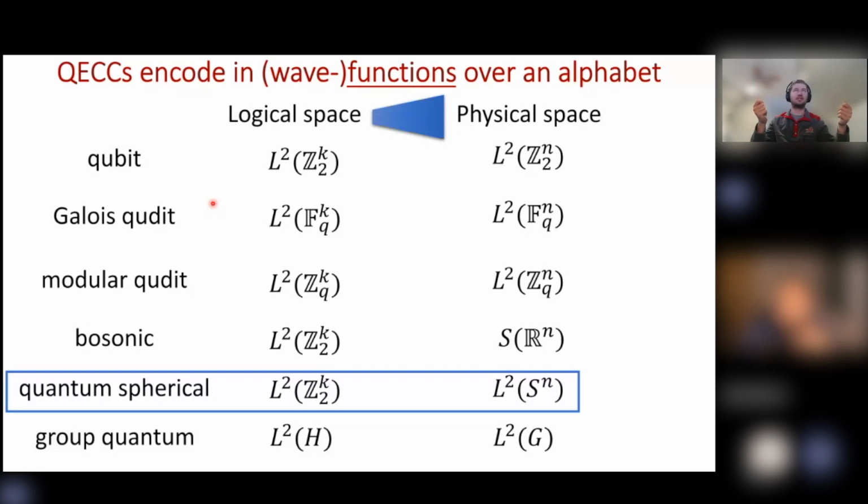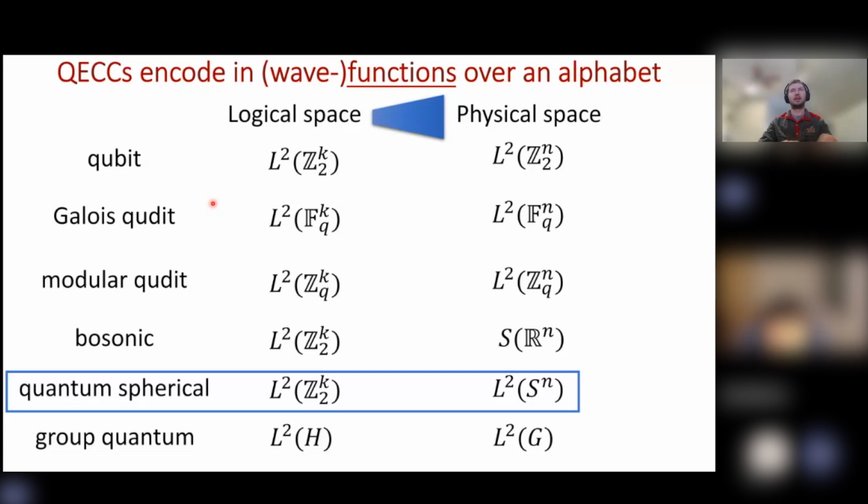So wave functions, we should not forget, are actual functions. So you're storing in the space of functions over an alphabet. Now all the alphabets basically get an L2 prefactor in front of them, which is the space of normalizable wave functions over the alphabet, L2 normalizable.